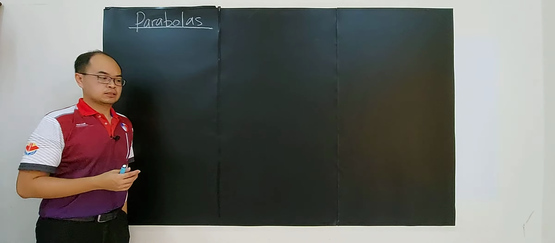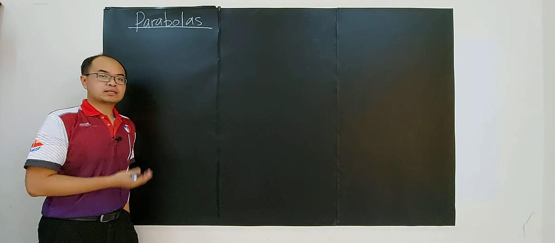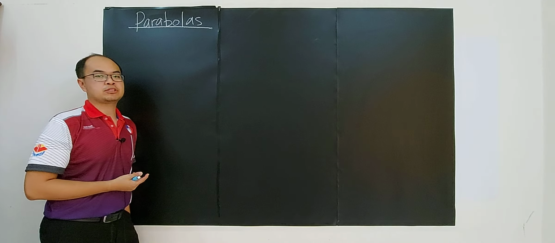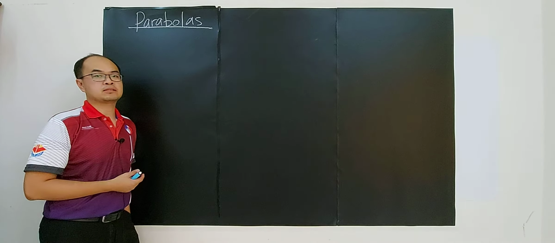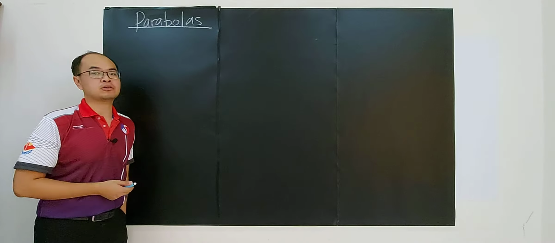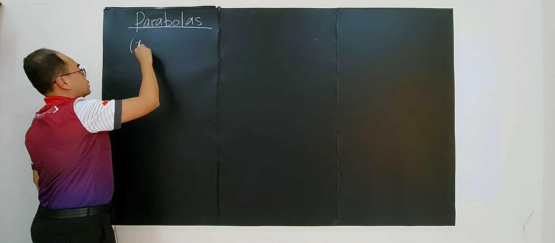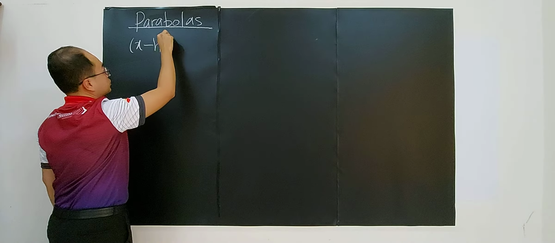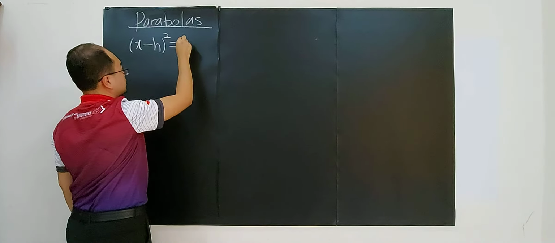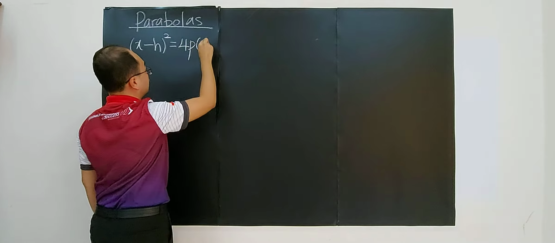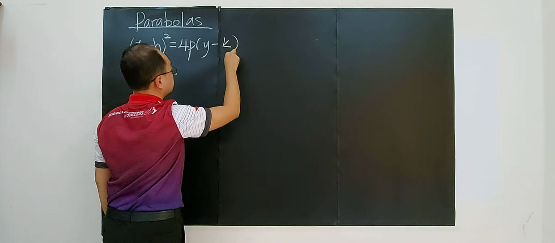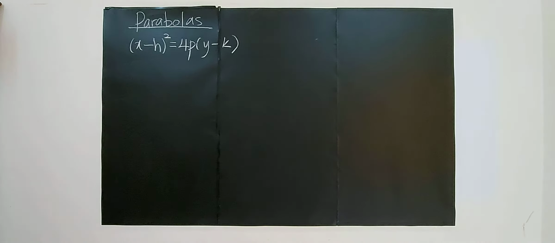As you know, a circle has its own standard equation, and an ellipse has its own standard equation, and a parabola also has its own standard equation. For example, the standard equation here will be 4p(y - k). So this is the standard equation of a parabola. There are two types, mainly.